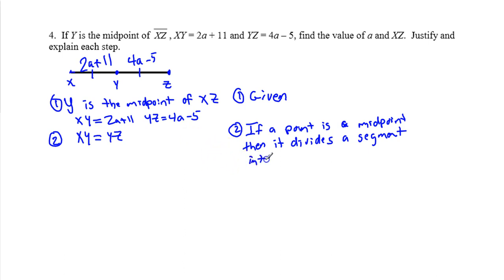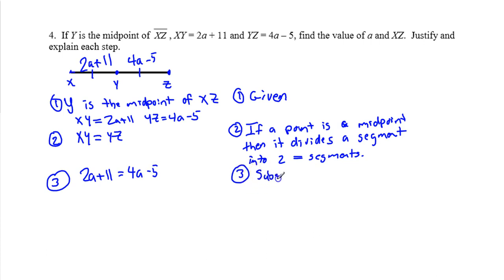You could write the word two, you could write the word equal. Either way, it doesn't matter. Step 3: now what are we going to do? We're going to substitute: 2a plus 11 equals 4a minus 5. And that would be our good friend, the substitution postulate.